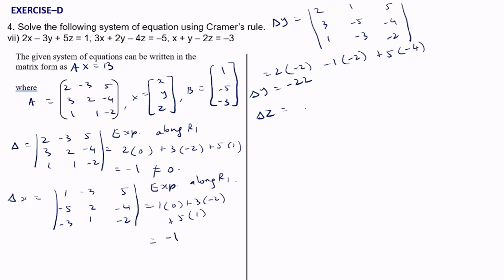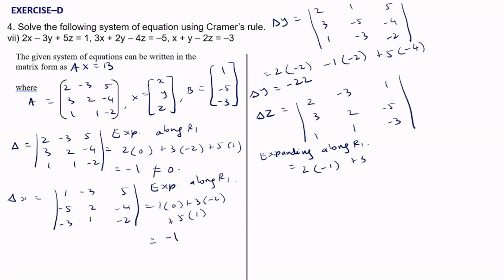Next we have delta z. Delta z is 2, 3, 1, minus 3, 2, 1, 1, minus 5, minus 3. Again expanding along R1, it is 2 into, here it is minus 6 plus 5, which is minus 1, plus 3 into minus 9 plus 5, which is minus 4, plus 1 into 3 minus 2, which is 1.